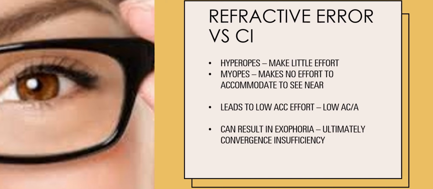Hyperopes who make little effort to accommodate for their blurred vision, and myopes who generally make no effort to accommodate for near are susceptible to developing this condition. Low accommodative effort leads to low AC/A ratio, which can result in exophoria and can lead to convergence insufficiency ultimately.